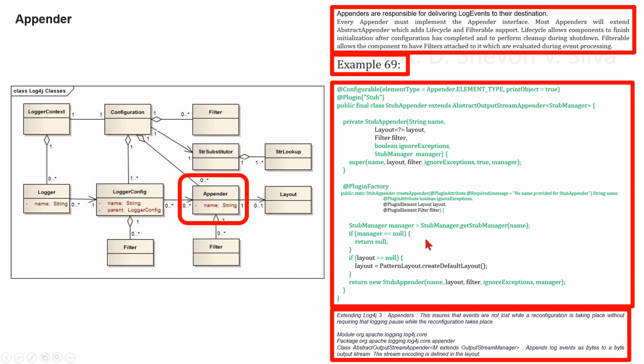However, if nothing significant in the previous manager has changed, the new appender will simply reference it instead of creating a new one. This ensures that events are not lost while reconfiguration is taking place, without requiring a logging pause while reconfiguration takes place.